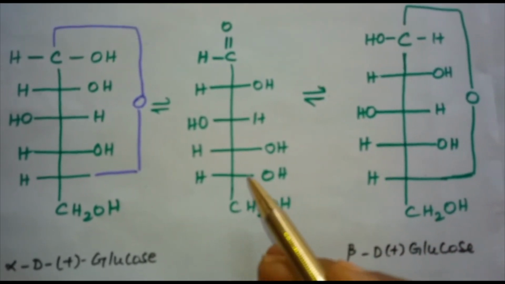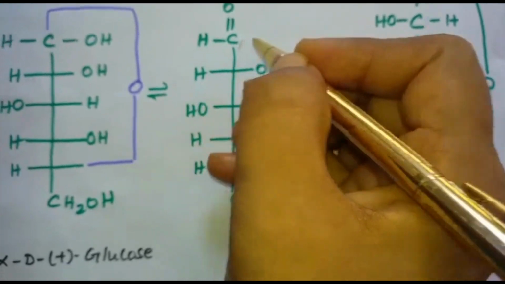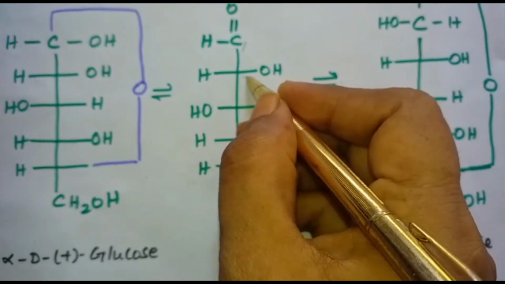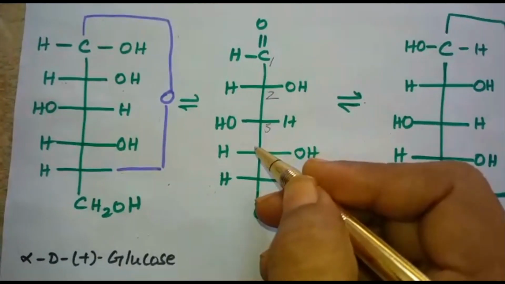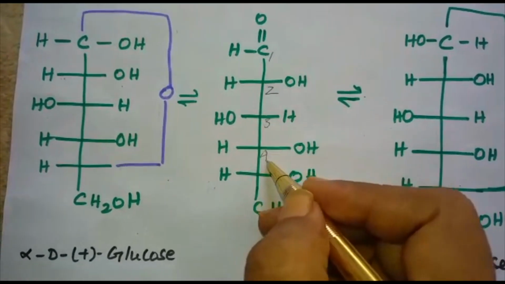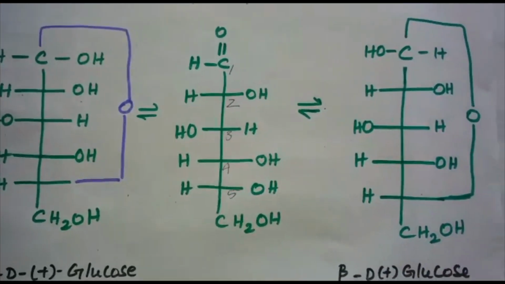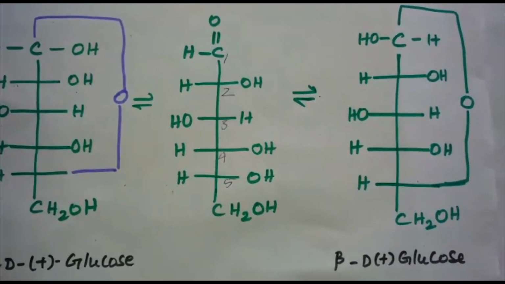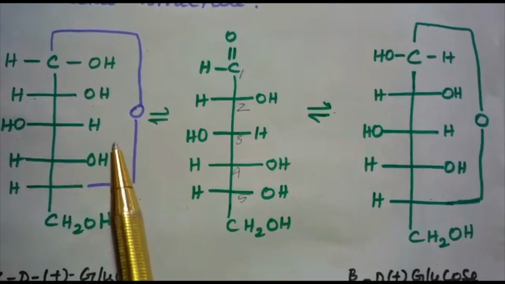This is the first carbon atom, this is the second one, this is the third carbon atom, and this is the fourth carbon atom. This is the fifth carbon atom, so the OH group at C5 is involved in ring formation.